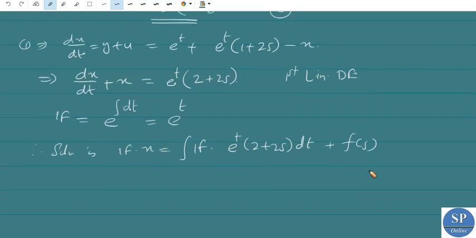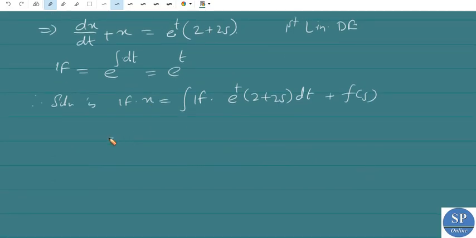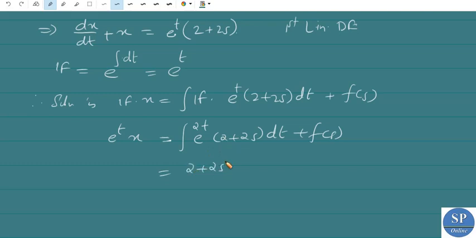So e power t into x equal to integral of e power t into e power t, which is e power 2t, into 2 plus 2s dt plus constant of integration. Now 2 plus 2s can be taken outside, and the integral of e power 2t is e power 2t divided by 2, plus constant of integration f of s.